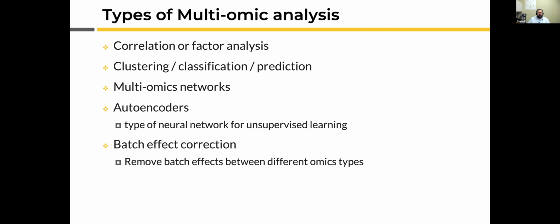Okay. And so this is just a general grouping of the different methods. So there's correlation or factor analyses. There are clustering or classification or prediction. These are typically more machine learning based rather than statistically based, which is the correlation or factor analysis types.